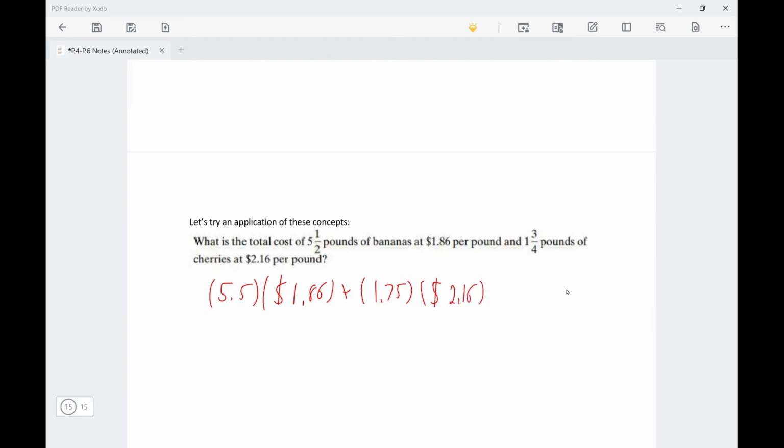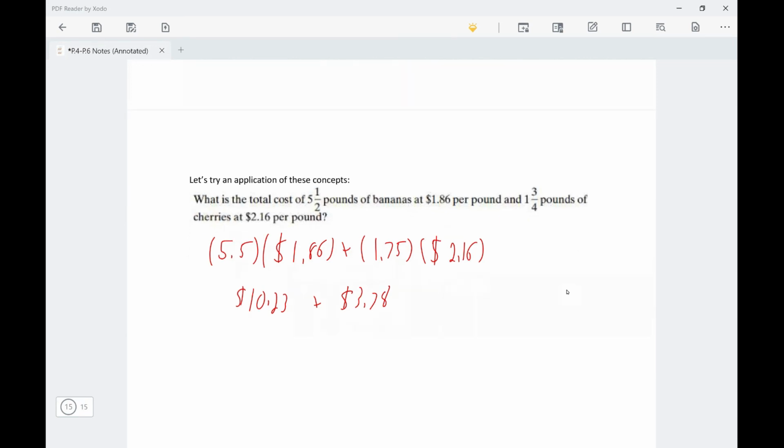So notice on the left, when we multiply these together, we're going to get $10.23. And on the right, when we multiply those two together, we get $3.78, right? So those are just the total cost for bananas plus the total cost for the amount of cherries that we bought. And then finally, to find the total cost, we just need to add those together. So we get $14.01.